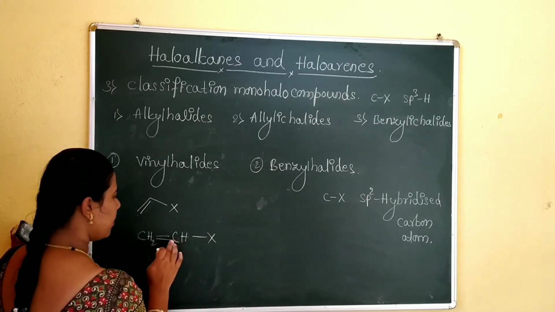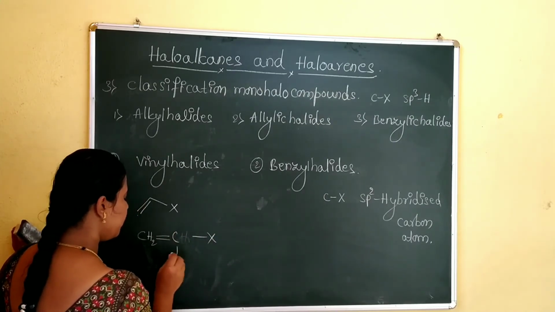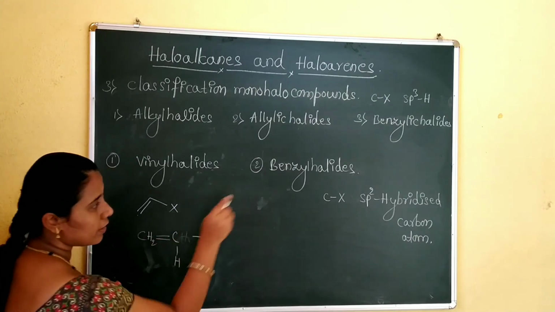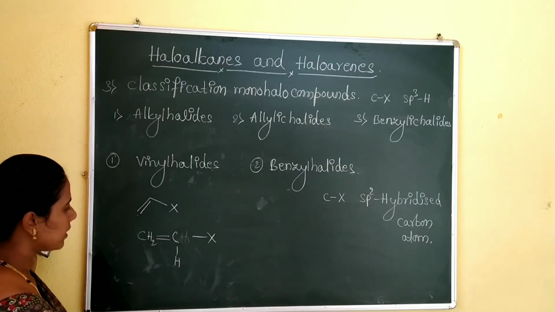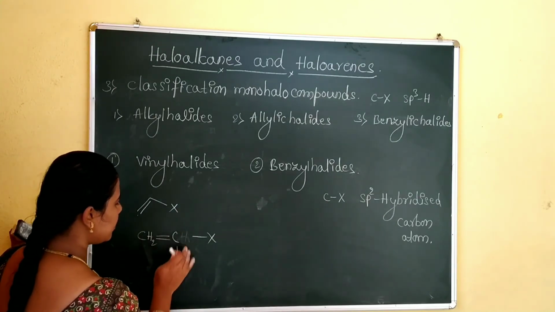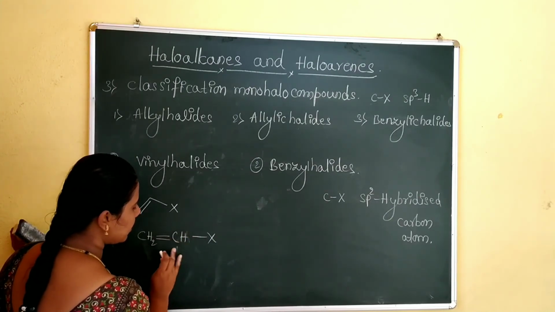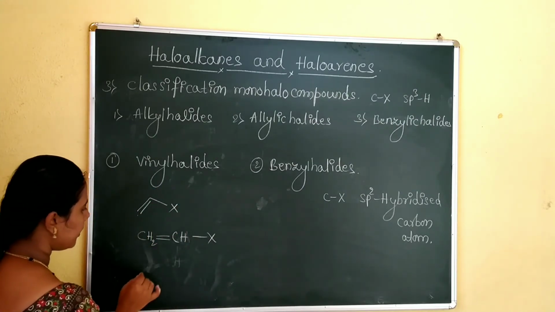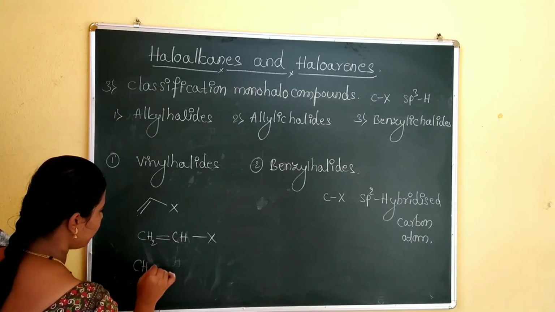If carbon contains 1 double bond and 2 single bonds, then it becomes an sp2 hybridized carbon atom, CH2=CHX. This is the general representation for vinyl halides.